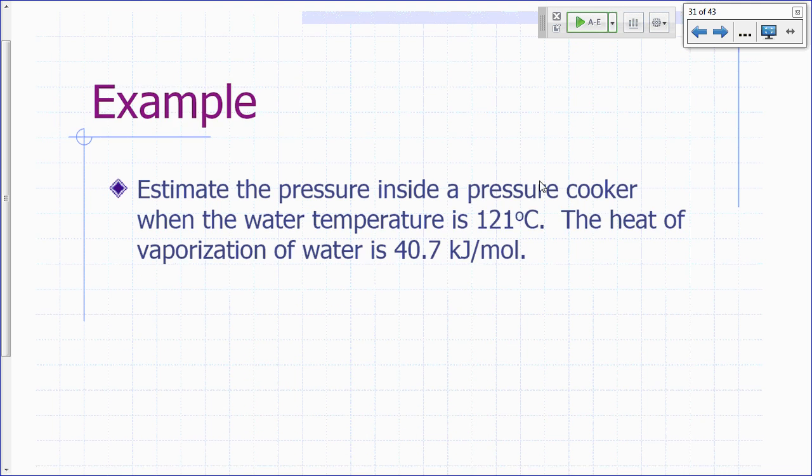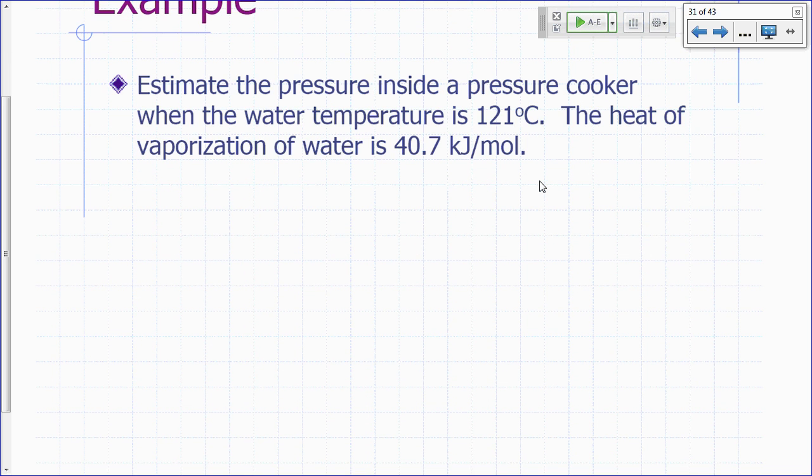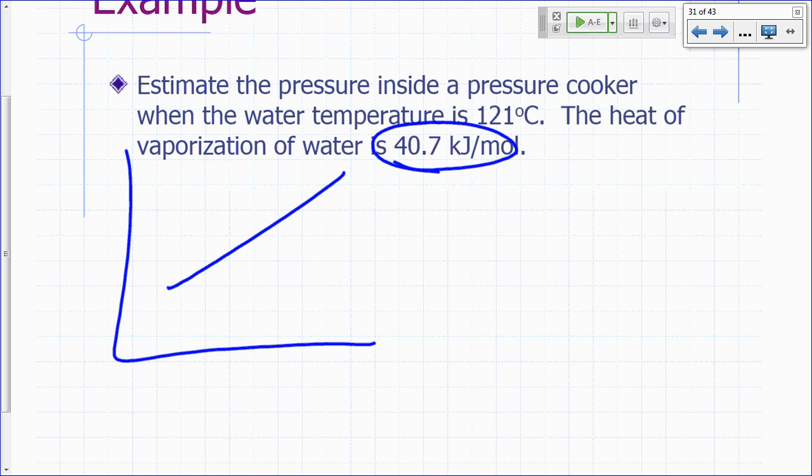Okay, so here's an example. Estimate the pressure inside a pressure cooker when the water temperature is 121 degrees. Delta H vaporization of water is 40.7 kilojoules per mole. So you use the Clausius-Clapeyron equation here, okay? So you're looking at this point right here.